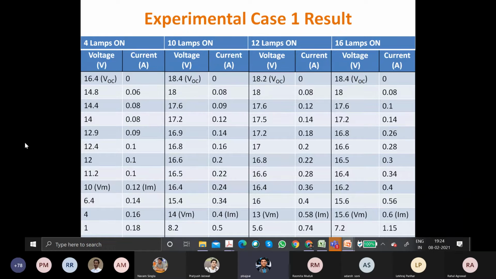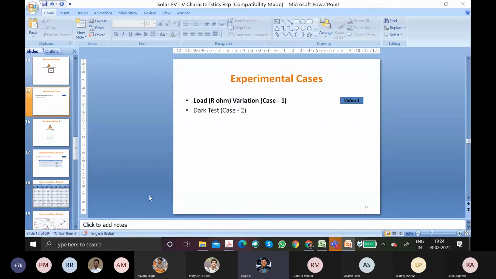You can see that the experiment was started with the open circuit condition, the open circuit voltage, and then the short circuit current is reached at the bottom. It is not visible here.